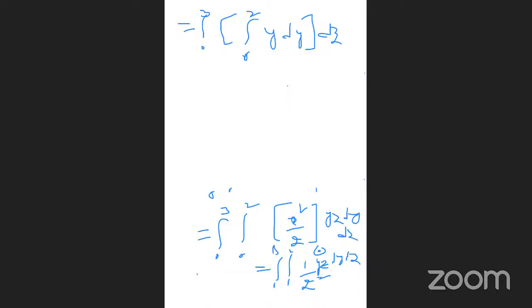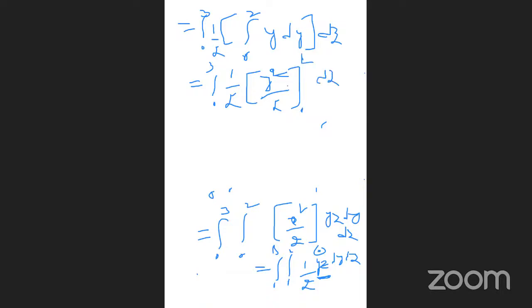So 1 by 2 is there, no? So we write 0 to 3, 1 by 2. Now what is the integration of y dy? Y square by 2, and apply the limits 0 to 2.